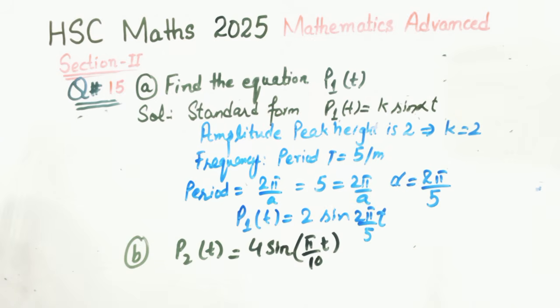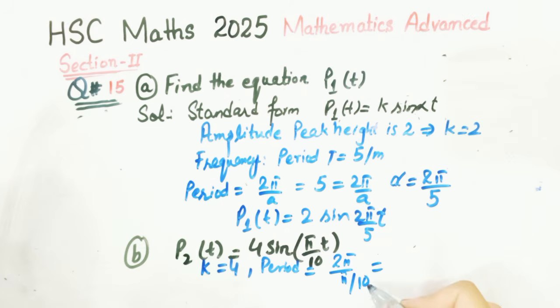This gives us the amplitude k equal to 4, the maximum height, and the period equals 2 pi by a, where the value of a is pi by 10.